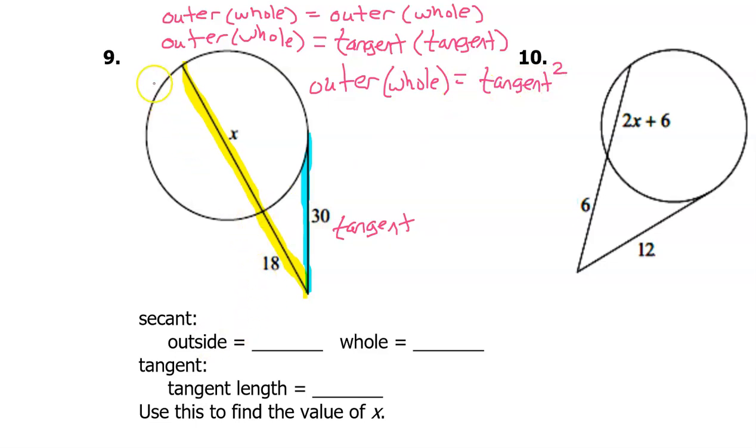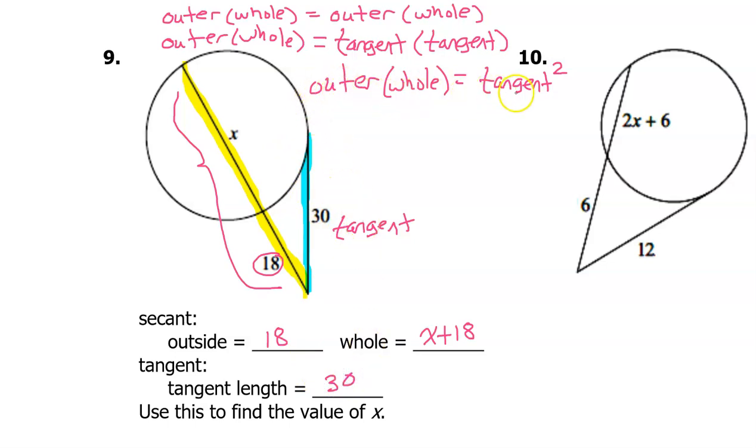So for the secant, shown here in yellow, the outside part is the 18. And then the whole thing is going to be x plus 18. And then the length of the tangent, shown here in blue, is 30.